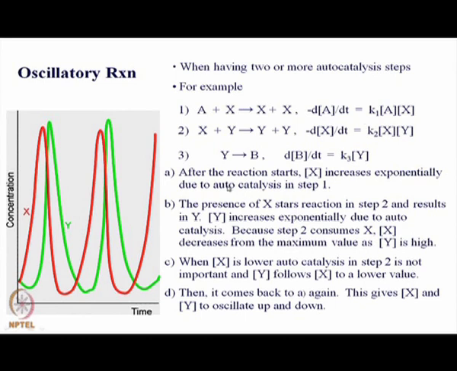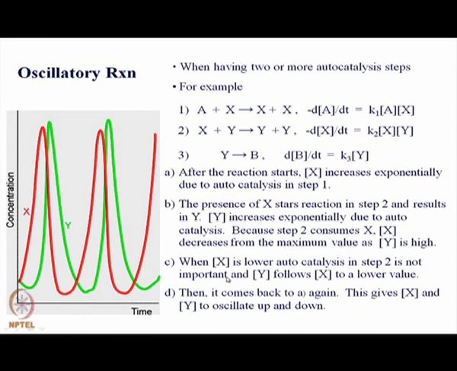After the reaction starts, X increases exponentially due to the autocatalysis step, that is step 1. In the presence of X, the second reaction starts and results in Y. Y again increases exponentially due to autocatalysis, and because step 2 consumes X, X decreases from its maximum value as Y is high.